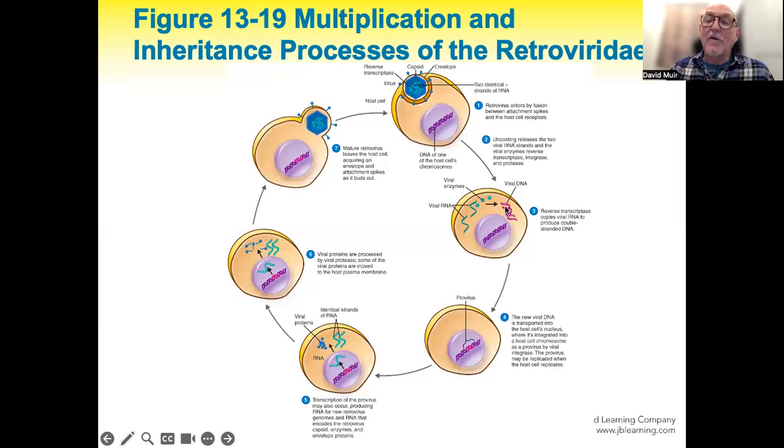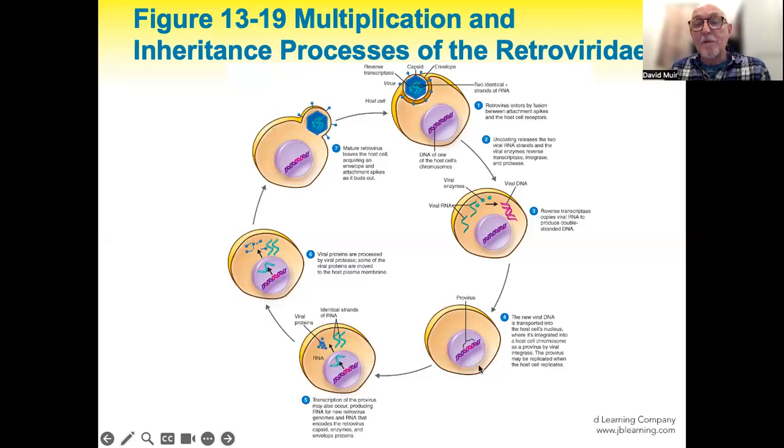And that viral DNA then integrates itself into the host genome. In the case of HIV, there are a couple of cell types that it can infect, but the one which is best characterized, you probably heard of, is the T helper cell, which is an essential part of the immune system.